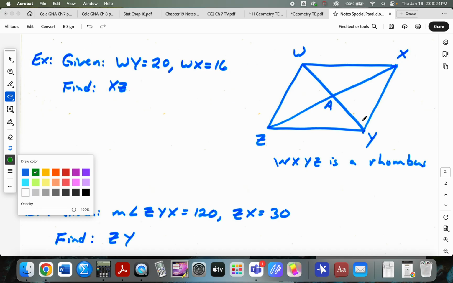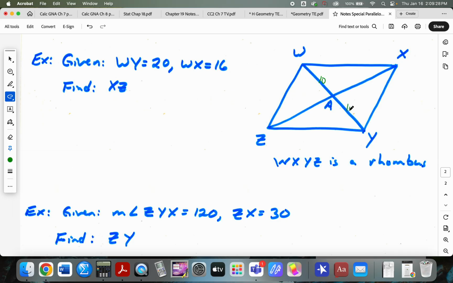I've got to say like 10 for WA and then 10 for AY. Yes. Thank you. Both of those are going to be 10. And it tells you WX is 16. And it tells us that this is a rhombus. So what else do we know? That all the sides are congruent. Yes, so they're all 16. Doesn't matter which side we're looking at.